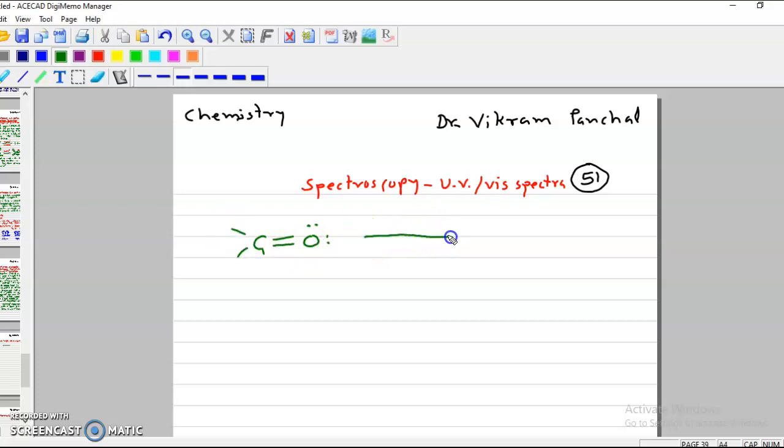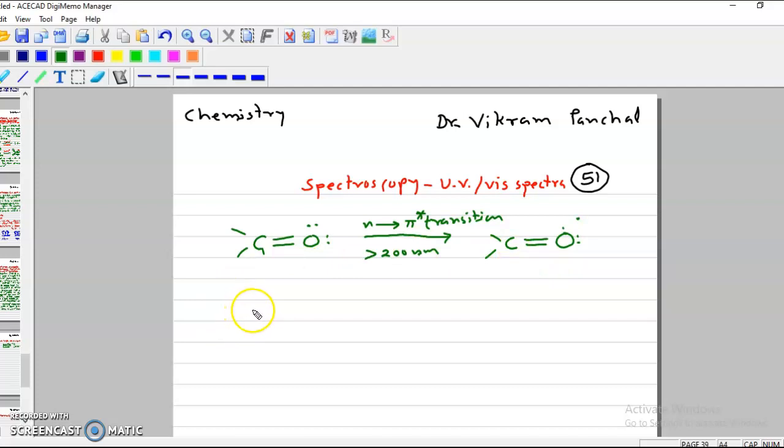Now, when radiations of greater than 200 nanometer are absorbed by this electron, then n to pi star transition occurs, in which an electron from the n bonding orbital is transferred to the pi star orbital, and this is called n to pi star transition.